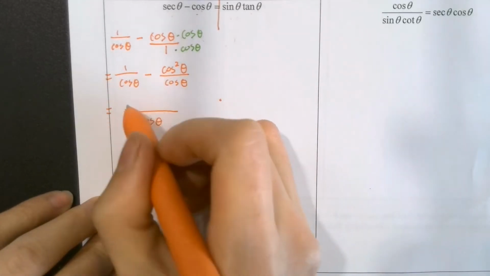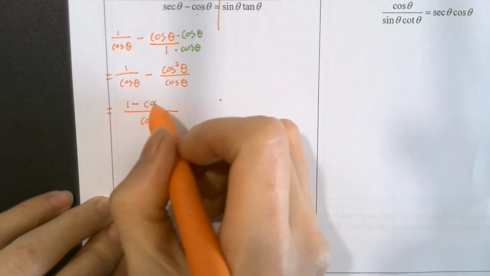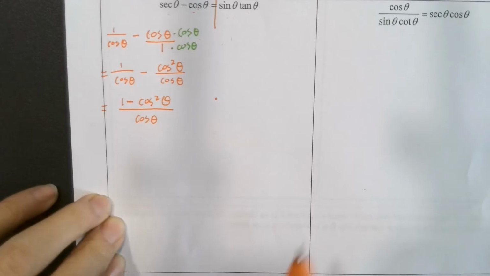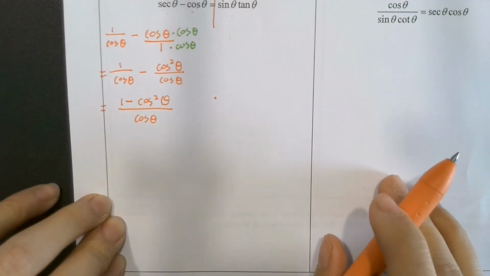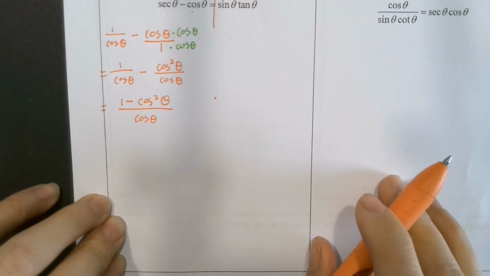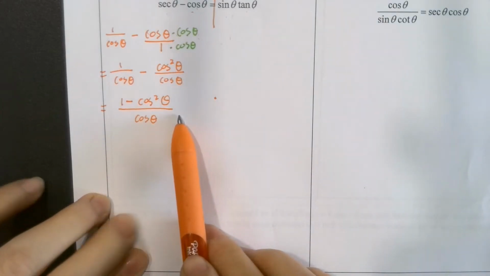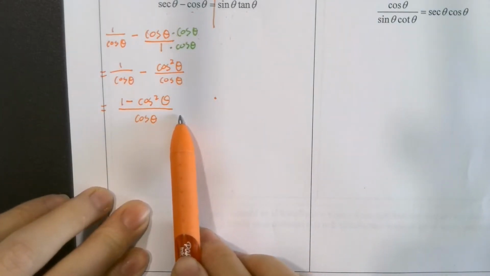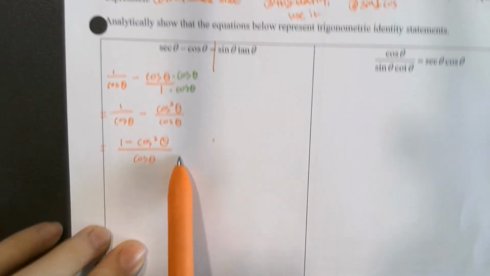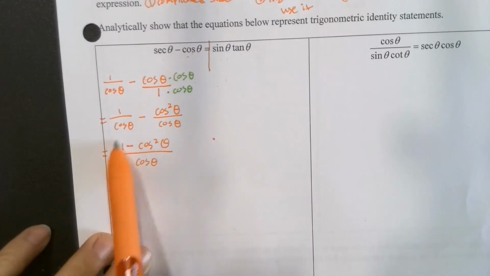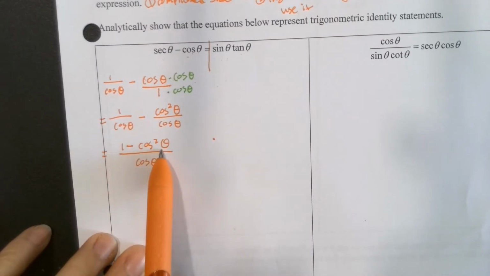Your numerator becomes 1 minus cosine squared theta. Okay, a lot of you are probably going to be like, I'm kind of stuck. What am I going to do here? Because it's not like I can do something. Well, that's probably where you need to be suspicious and think, is there any trig identity we can use? All right, look at your numerator. I have 1 minus cosine squared theta.